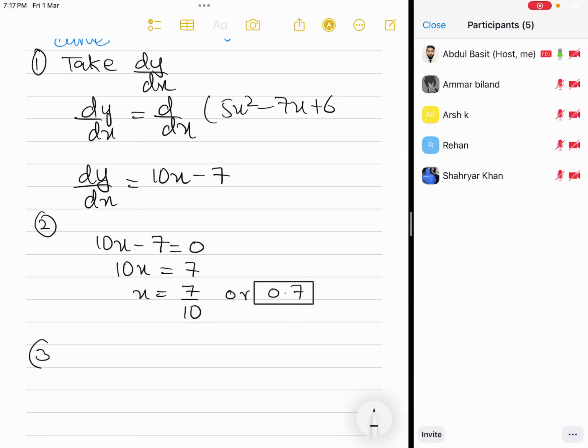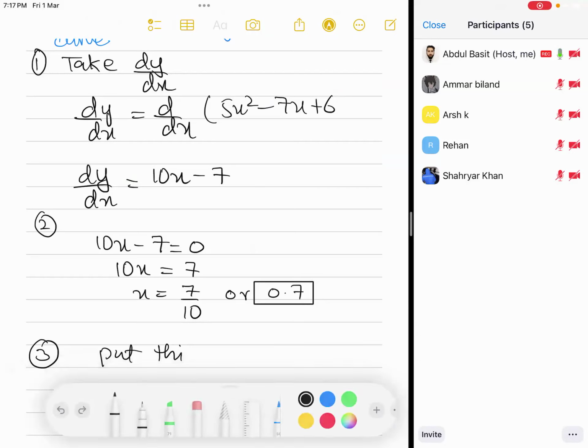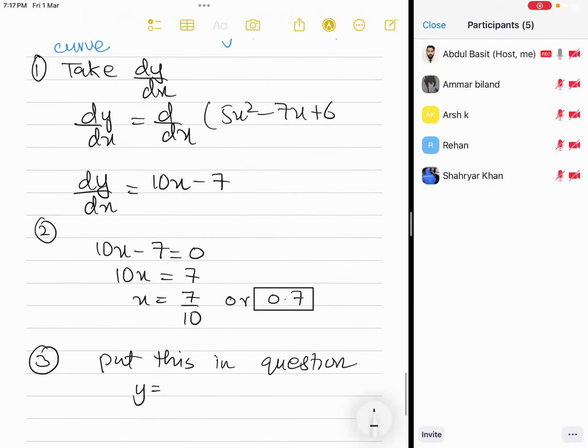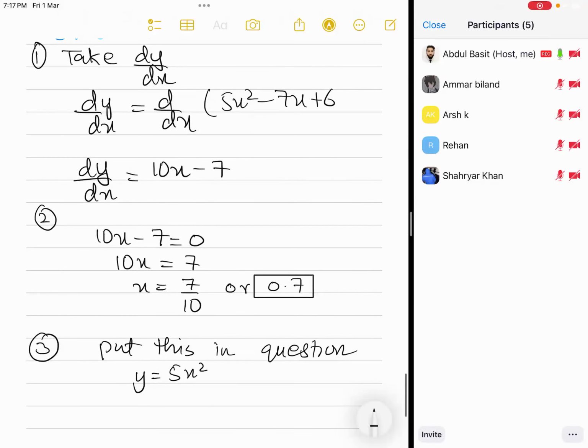Third step was solve for x, and then put the value of x in the question.